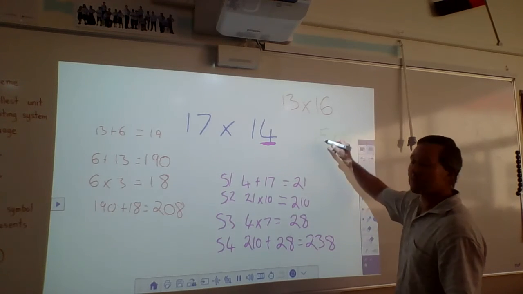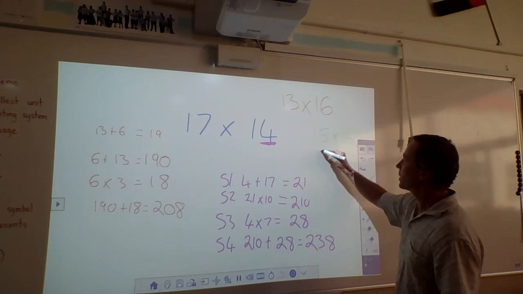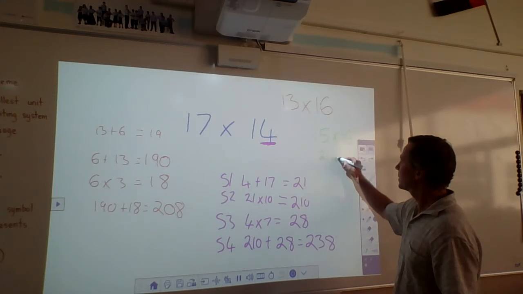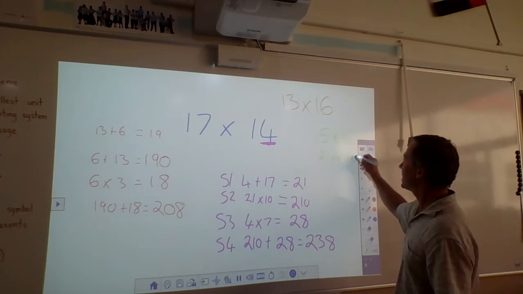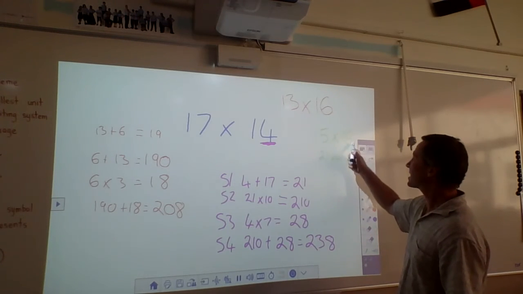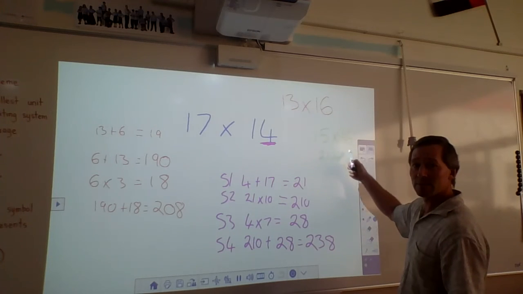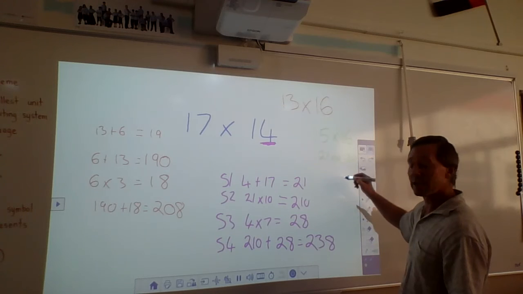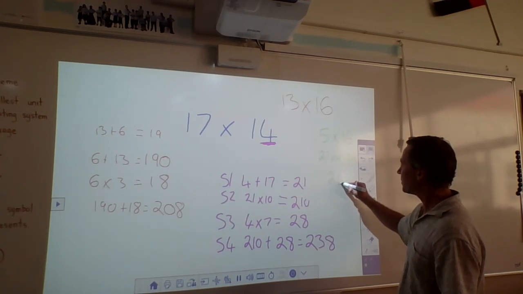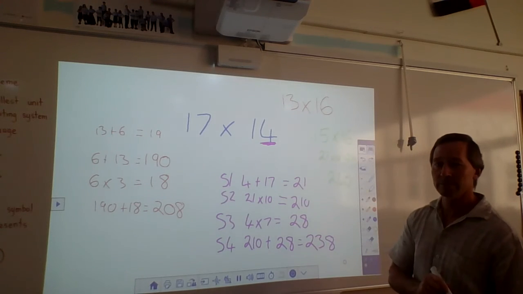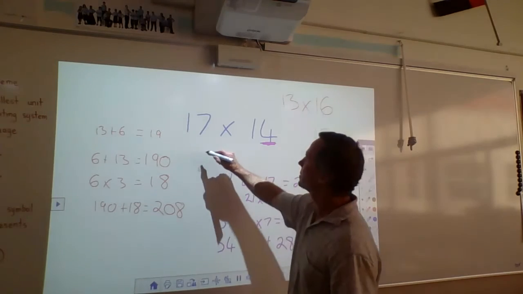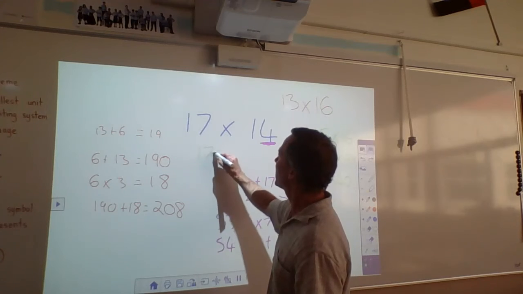So 6 onto 15, or 15 plus 6, is 21, multiplied by 10, gives you 210. Next step, 6 times 5, which is in the ones place. 6 times 5 is 30. 210 plus 30 will give you 240.